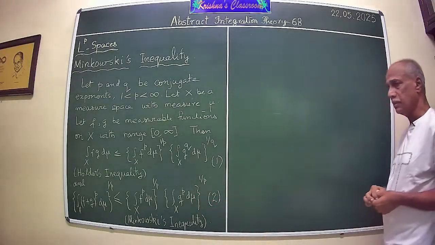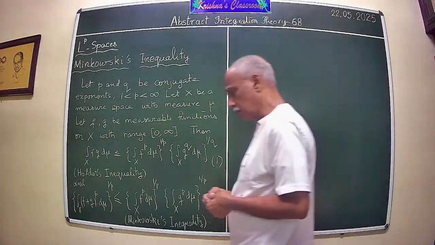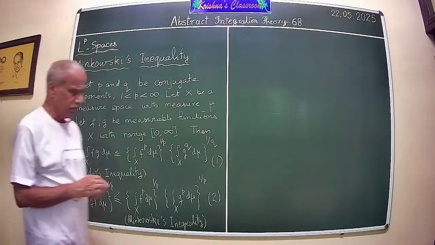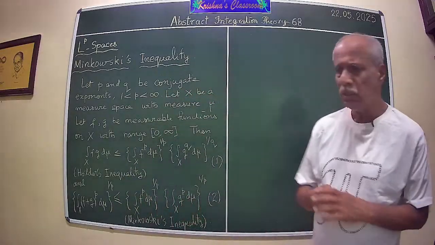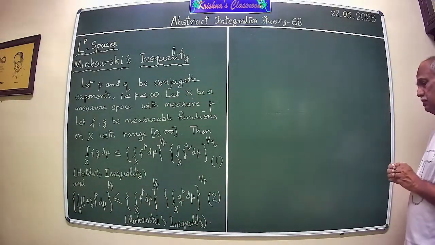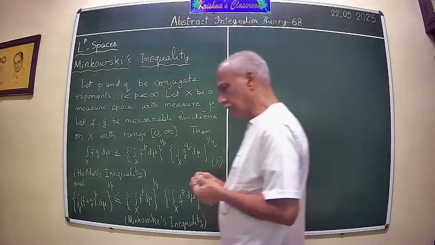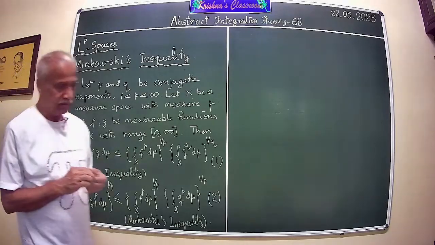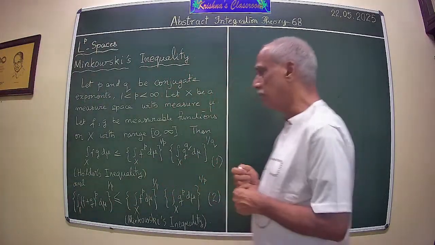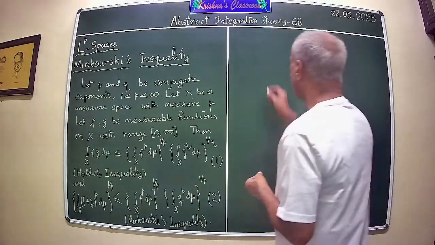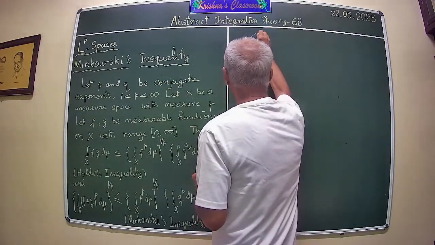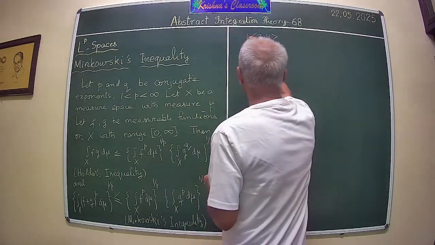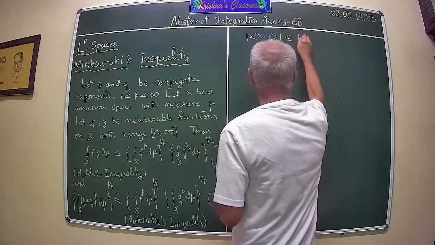In the last lecture, we looked at the Holder's inequality, which in a way generalizes the following relation, namely the inner product of x, y, where x and y are vectors in a vector space, is less than or equal to the length of x times the length of y.